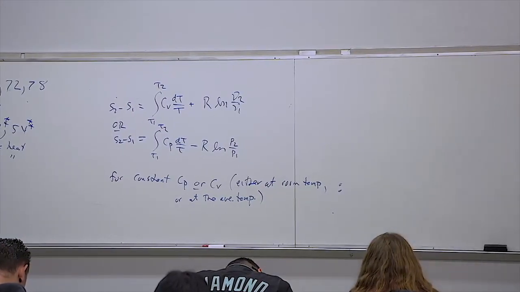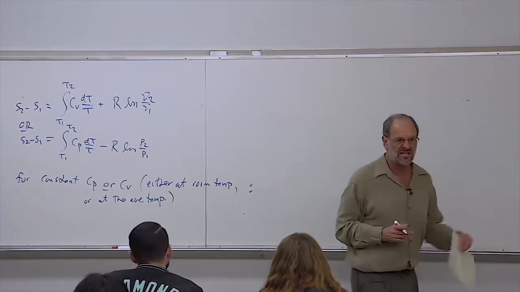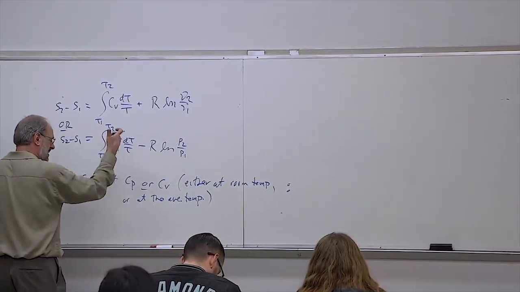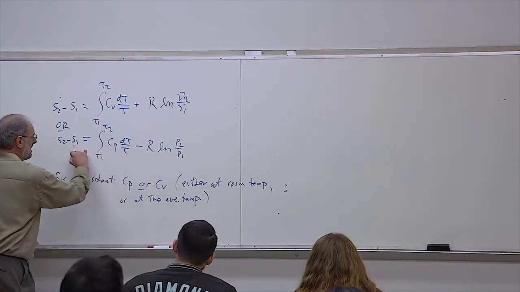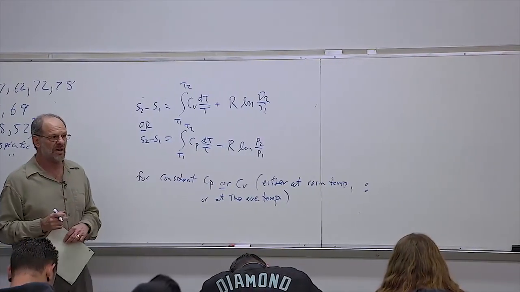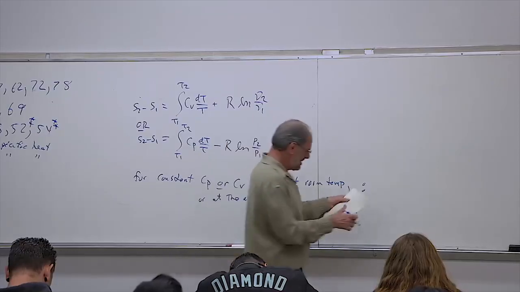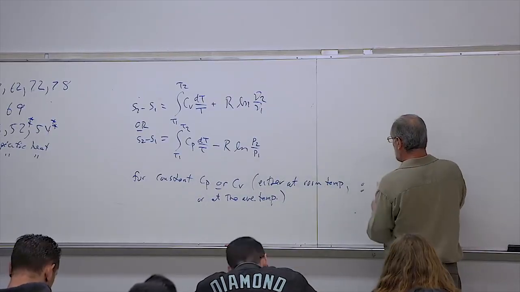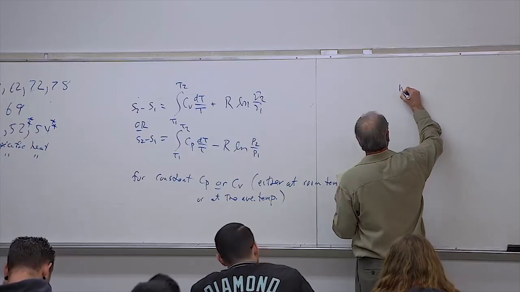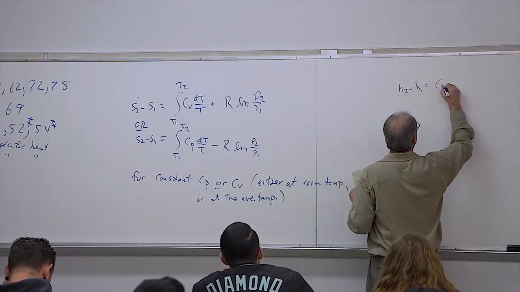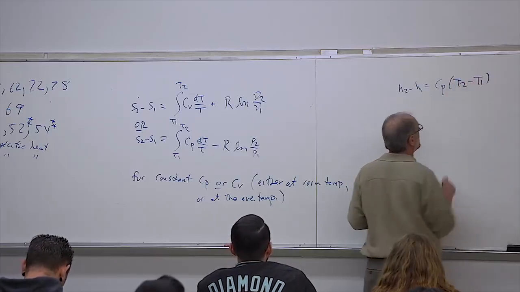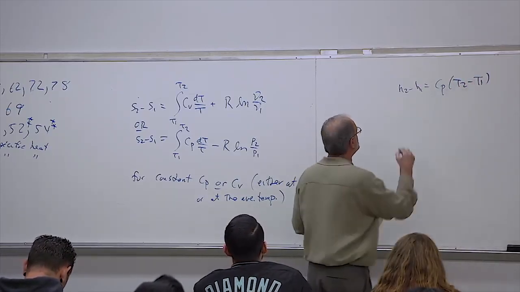If Cp and Cv are constants, that comes out of the integral, and the integral of dT is just T. Or for the entropy, if we're able to pull Cp out or Cv out, then the integral of dT over T is just the natural log, right? So it's very easy to do these integrations. If these are constant values, then H2 minus H1 is just Cp times T2 minus T1.